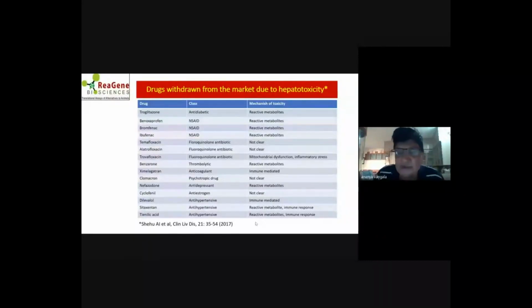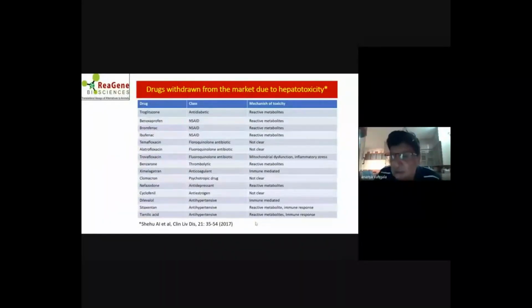The problem with this is that when you do clinical trials, you have a very small population. Phase 3 trials, maybe 3,000, 4,000 people. And when you take the drug into the market and people start taking it, millions of people are taking it. Now you'll see post-marketing reactions. So 1 in 5,000 people dying, you cannot detect in the phase 3 clinical trials.